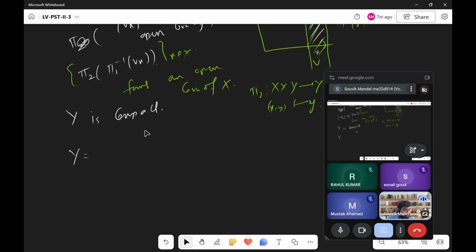So we can write Y is the union of pi 2 of pi 1 inverse of Vxi, sorry, Vxi I should write. So this open cover has a finite subcover, pi 2 of pi 1 inverse of these.